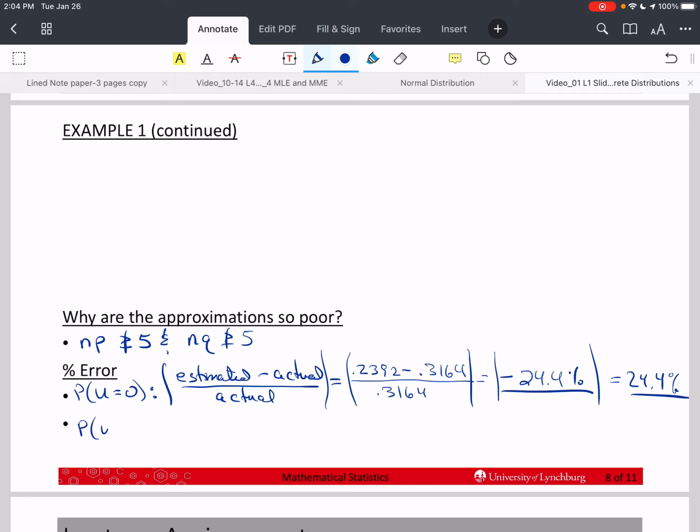So how about for u equals 4? So we'll take estimated minus actual divided by actual, and we'll take the absolute value.